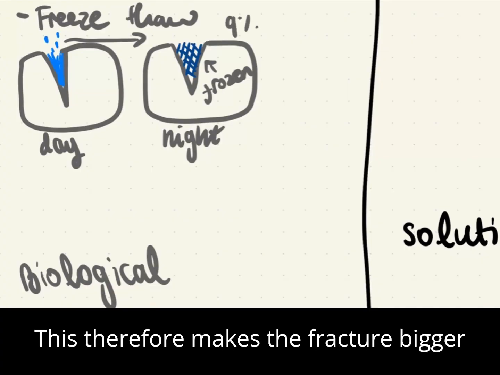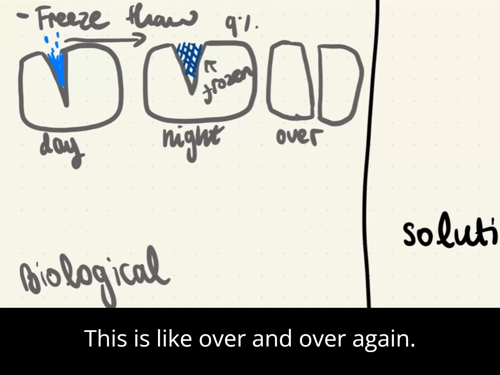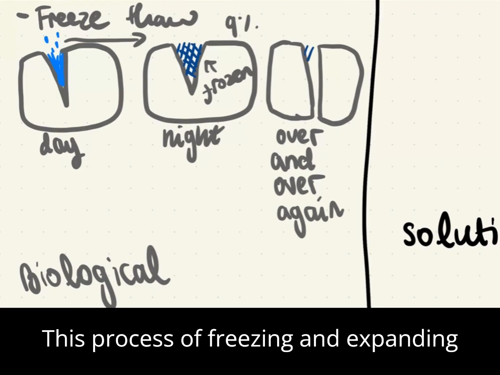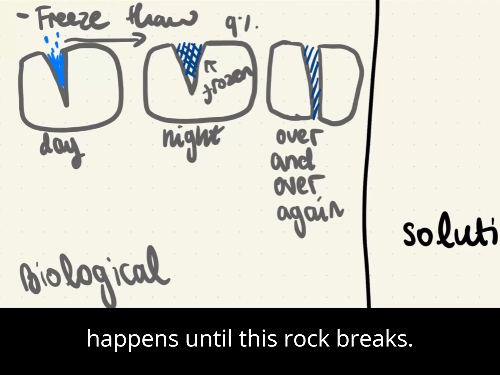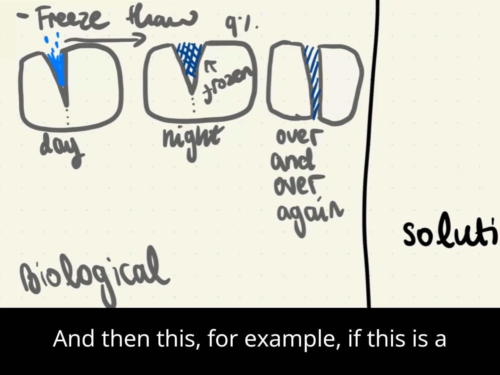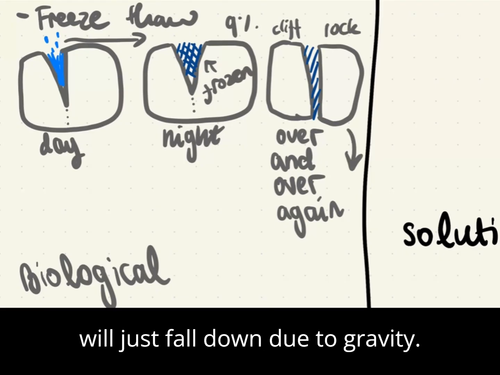This, therefore, makes the fracture bigger until, over time, this is like over and over again, this process of freezing and expanding happens until this rock breaks. And then, if this is a cliff and this is a rock, this will just fall down due to gravity.